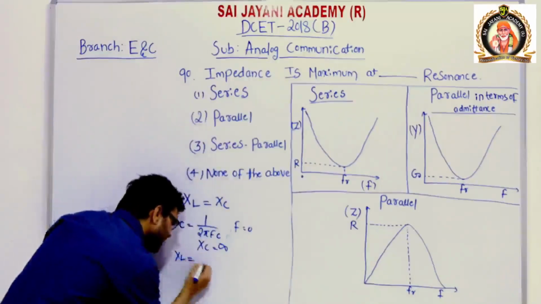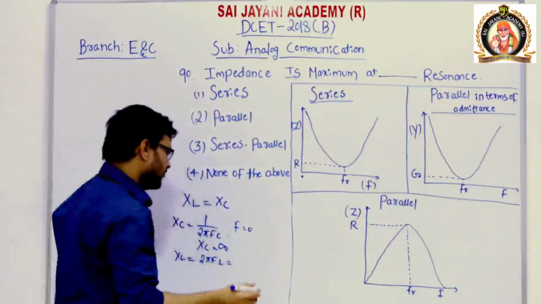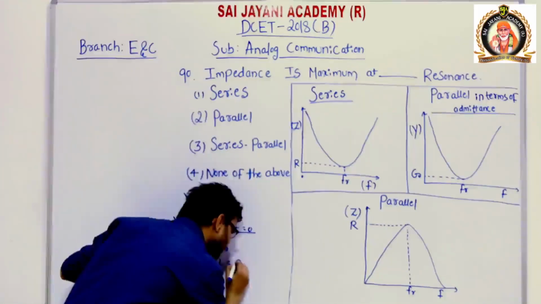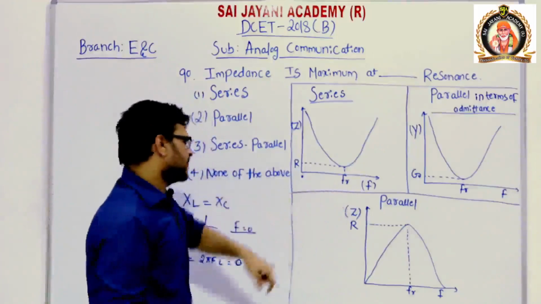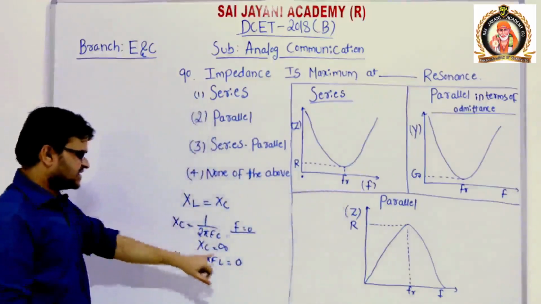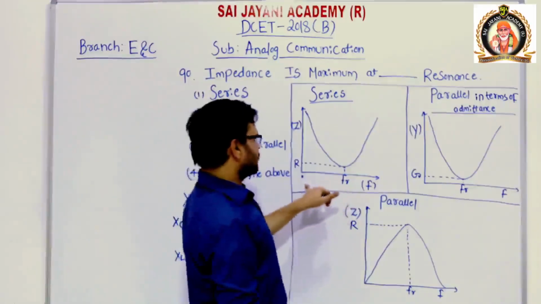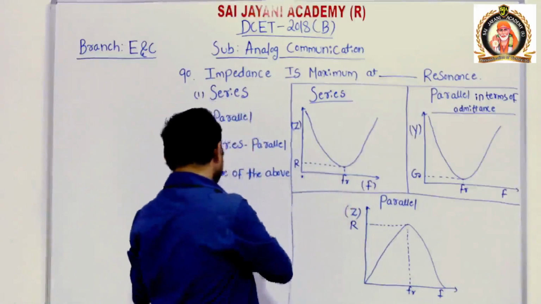Similarly, XL is 2 pi FL. If we put F equal to 0 in XL, we get 0. That means at F equal to 0, we are getting XC as infinity and XL as 0.